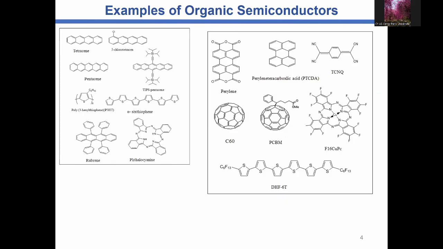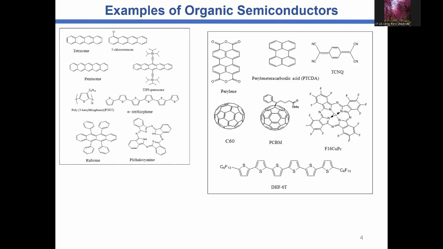So in terms of structure, they also have similar structure, because to be applied in electronic devices, organics need this conjugation inside the organic compounds.